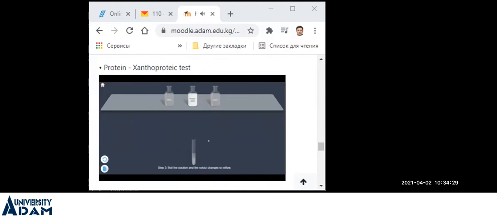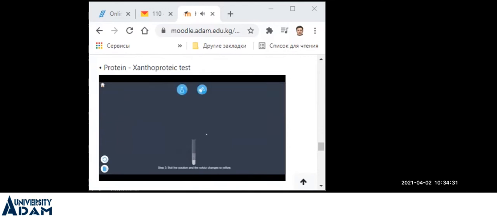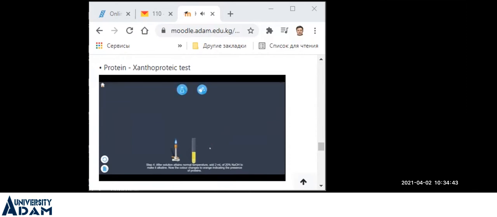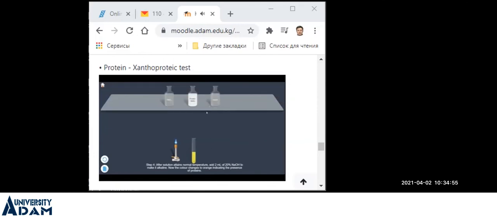Boil the solution and the color changes to yellow. After the solution attains normal temperature, add 2 ml of 20% NaOH to make it alkaline. Now the color changes to orange, indicating the presence of proteins.